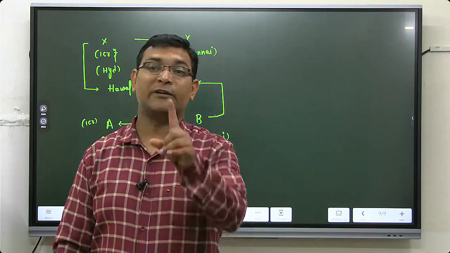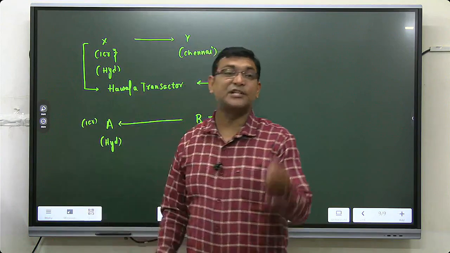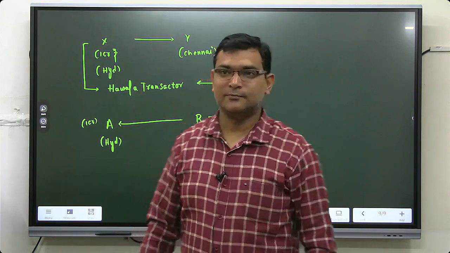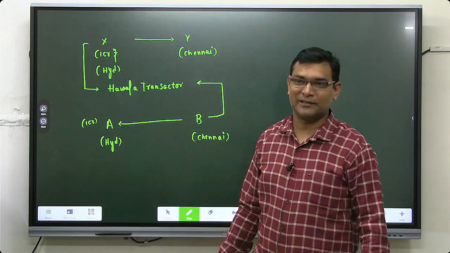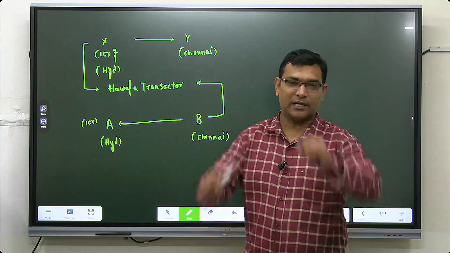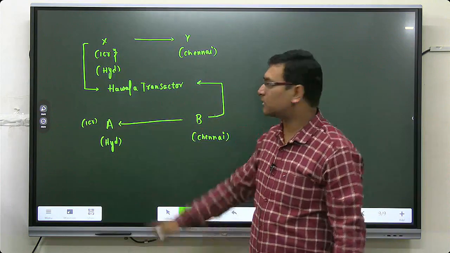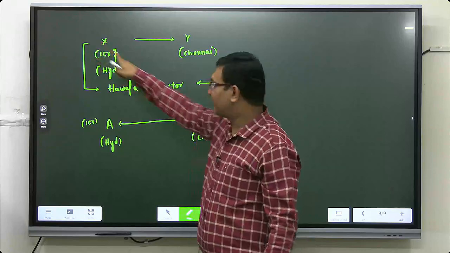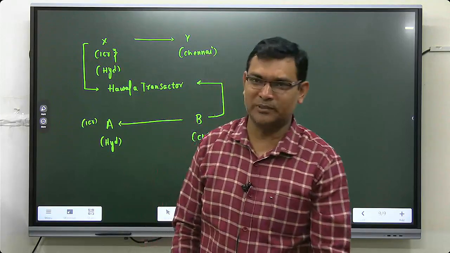So what they will do, the hawala person will give a cheat code to person A and person X. Is it clear? Cheat code means they tear a 500 note in half and give one half to this person. Or secret codes will be there.